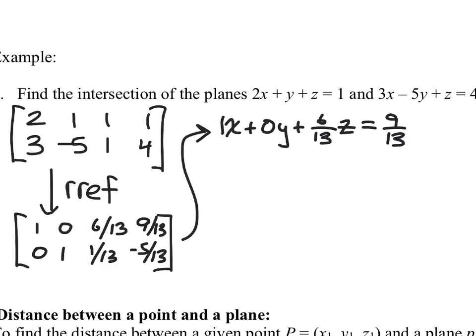Then the second one, I'll leave a little space because I'm going to clean that up a little bit. So 0x plus 1y plus 1/13 z is equal to negative 5/13.